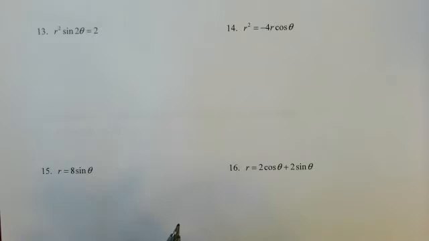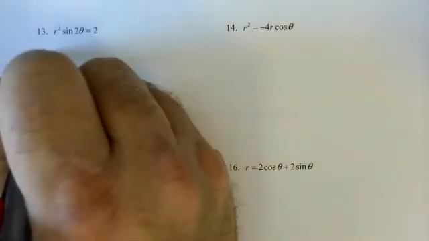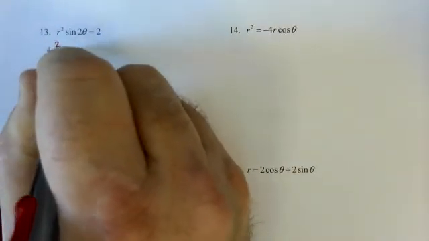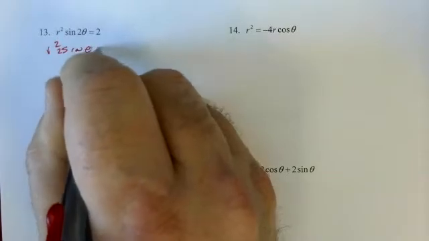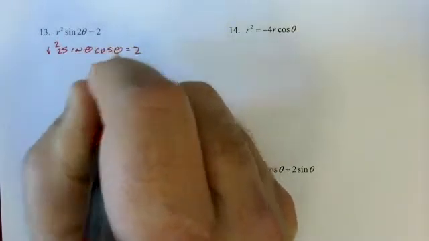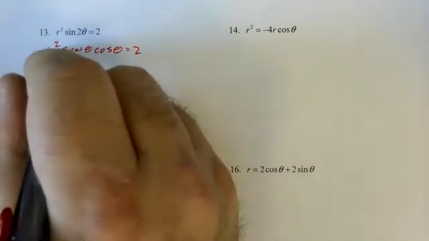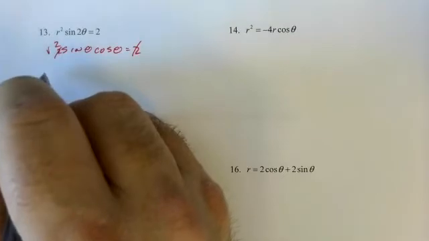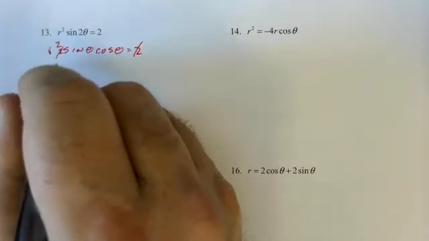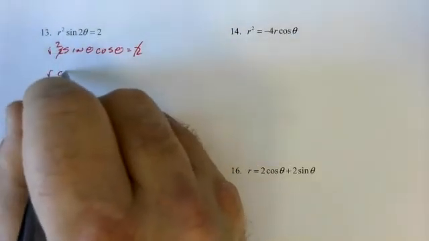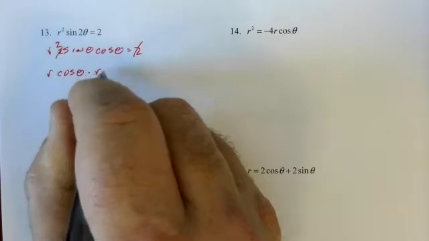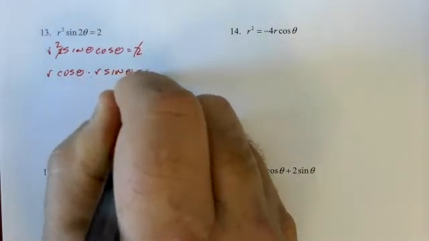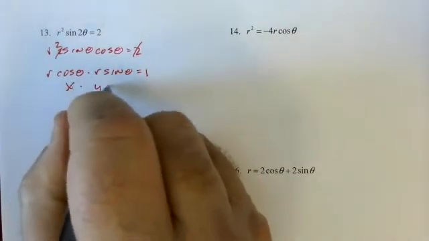All right, r squared sine of 2 theta. I happen to know there's an identity that goes sine of 2 theta equals 2 sine of theta cosine of theta. I can cancel those 2's out, and I can distribute the r's. r cosine of theta, r sine of theta equals 1. Well, that's x times y equals 1.